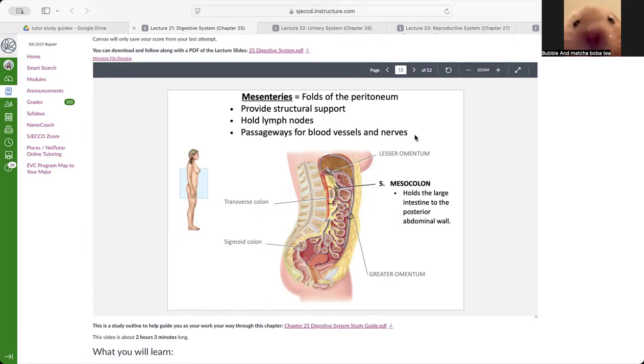This one results in hernia, because parts of your colon start to stand out from your abdominopelvic cavity. So mesocolon anchors the large intestine, the colon, right? Colon hanger holds the colon.